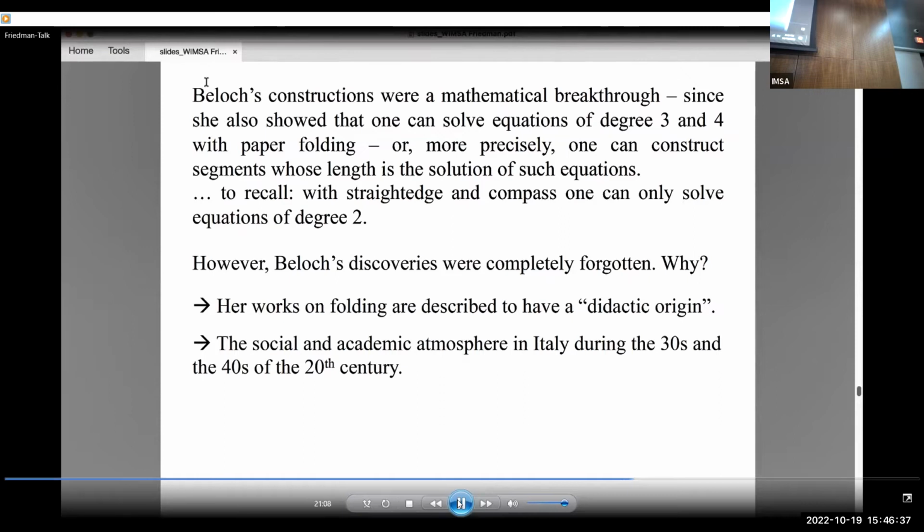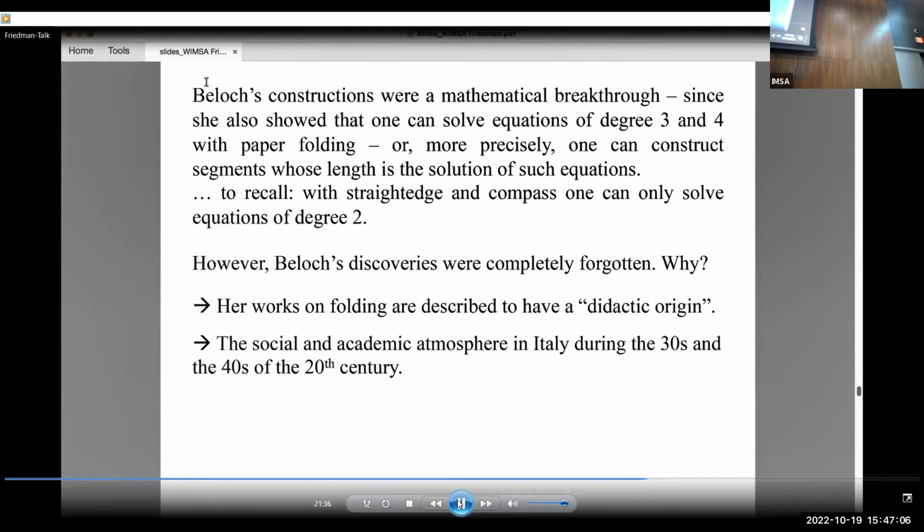Second, paper folding might have been considered as not interesting for more senior Italian mathematicians. Indeed, during the 20s and the 30s of the 20th century, it was algebraic geometry. It was considered as the queen of Italian mathematics. And this domain certainly did not include constructions within Euclidean geometry.